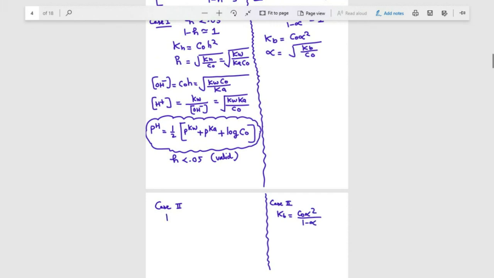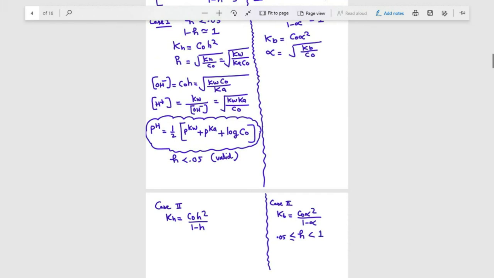Here we are writing Kh is equal to C naught h square upon 1 minus h. Suppose you have derived the formula, you have calculated the value of h, and the value of h is lying between, greater than or equal to 0.05, and less than 1.